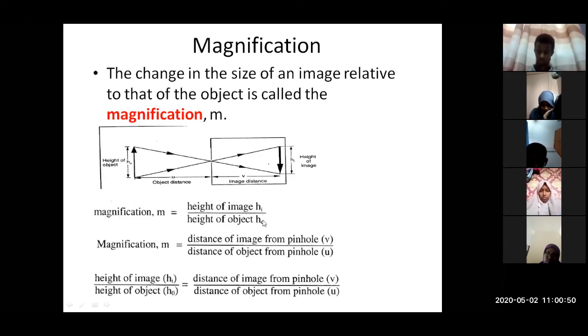So magnification is the same as HI/HO. And then when you come to the distances, you'll also say V/U. So HI/HO is equal to V/U. So look at the two formulas.